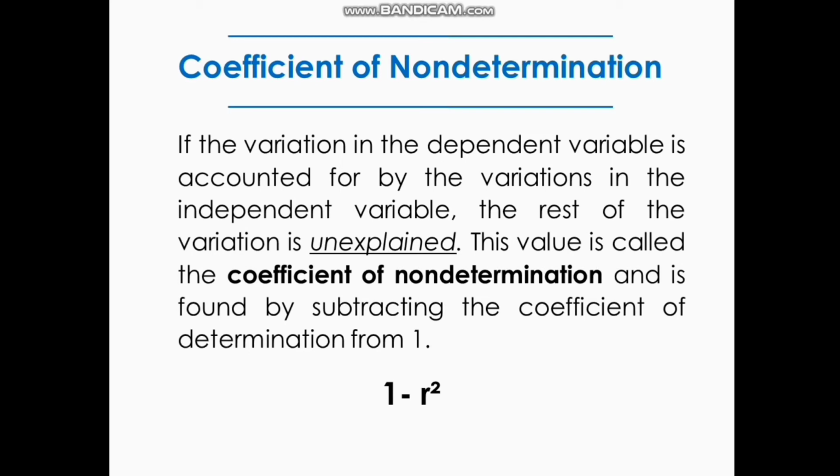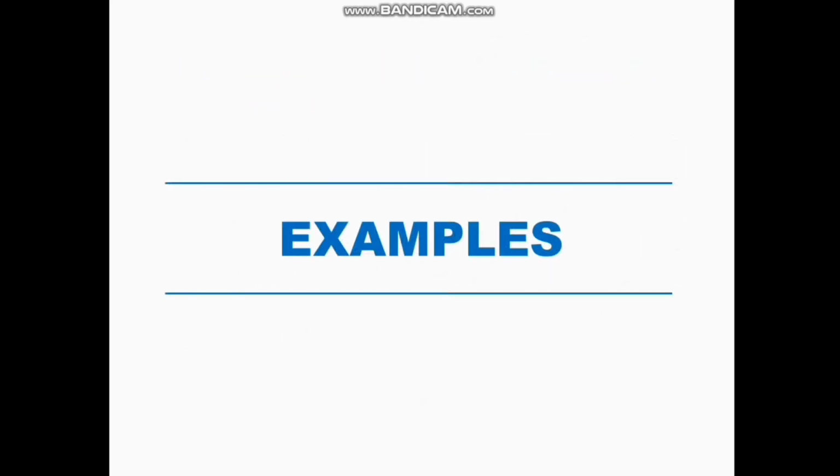So, the coefficient of non-determination is the percentage of variation which is unexplained by the regression equation, which is equal to 1 minus r squared. But we can also calculate the coefficient of non-determination by dividing the unexplained variation by the total variation, if our r or r squared is unknown. Now let us proceed to our examples.